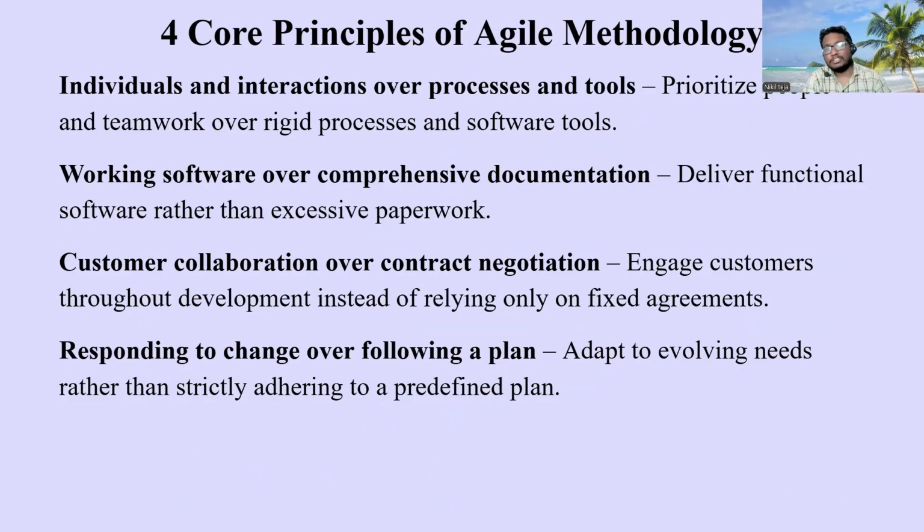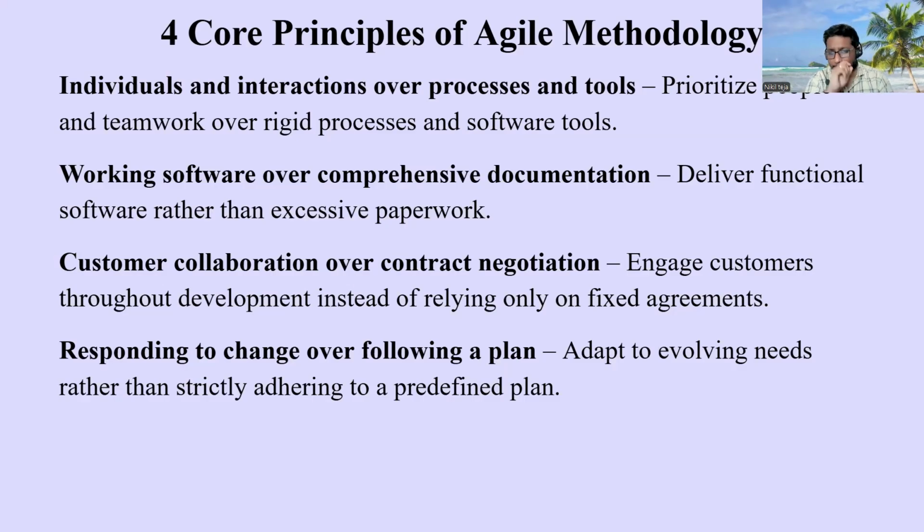So the experts came up with these four core principles, which are nothing but a combination of those 12 principles. They have condensed and made those 12 principles small and came up with these four principles so that it will be easy for the development people, right?